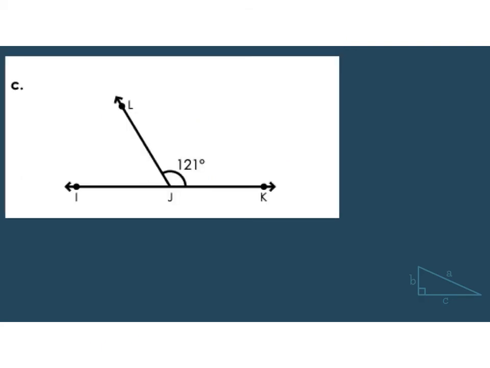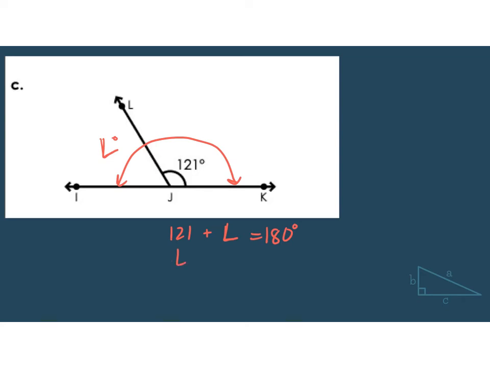Okay. All right. We know that the sum of two supplementary angles is equal to 180. So we're going to say equals 180. All right, we know 121. We don't know this value, and we're going to make that be, let's see what letter, I'm going to do L. So this is angle L. 121 plus L equals 180.